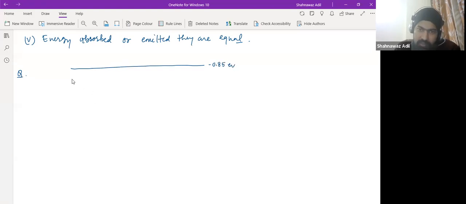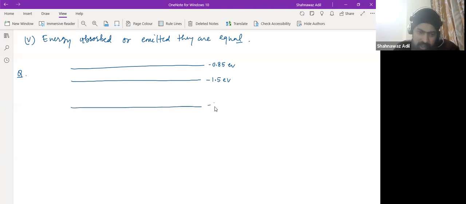This is minus 1.5 electron volt. Then we have minus 3.4 electron volt, and the last one is minus 13.6 electron volt.